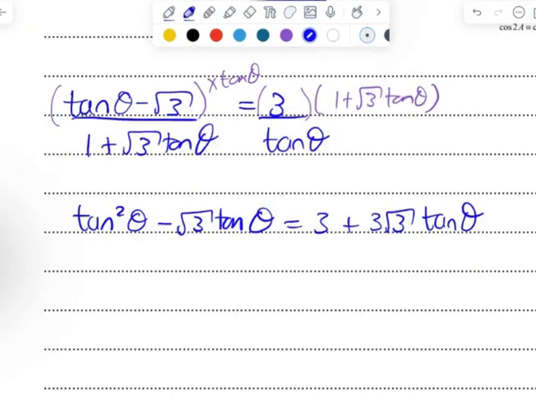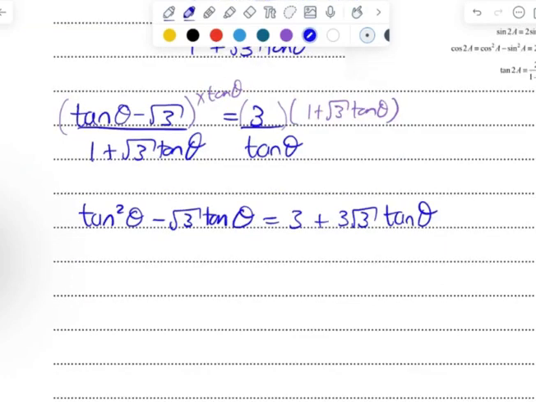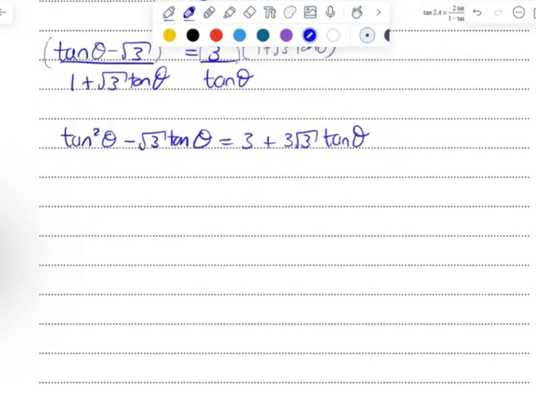Okay, and what you can see is this is going to start forming a quadratic in tan. So I'm going to keep my tan squared theta, then I've got minus √3 minus 3√3. It's going to give me minus 4√3 tan theta minus 3 is equal to 0.